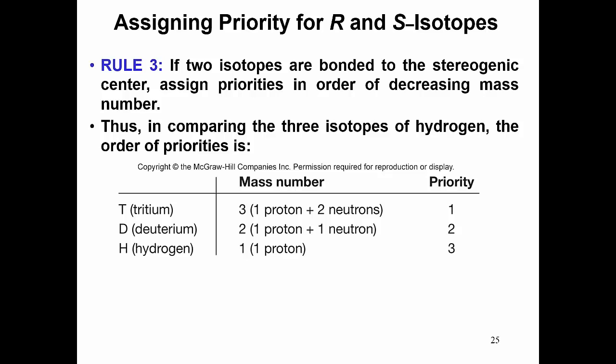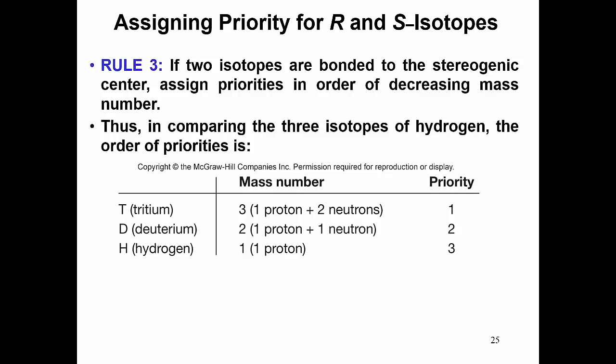How about isotopes? Well, you want to take the heaviest isotope, the one with the highest mass number, and assign it the higher priority, in the order of decreasing mass number.